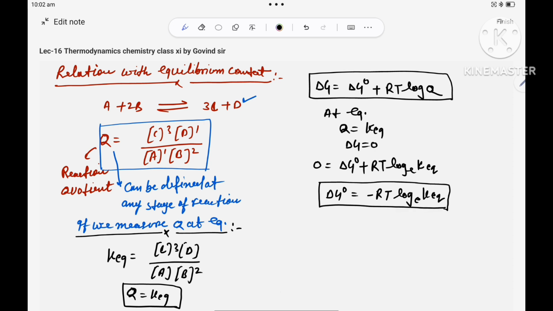You can convert it into base 10 also. Delta G naught is equal to minus 2.303 RT log base 10 K. That is the relation.